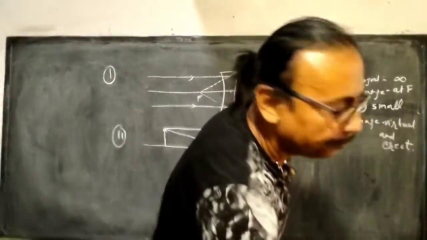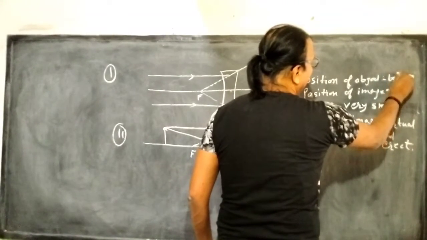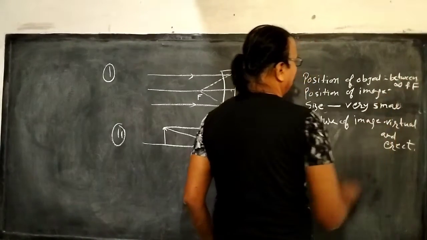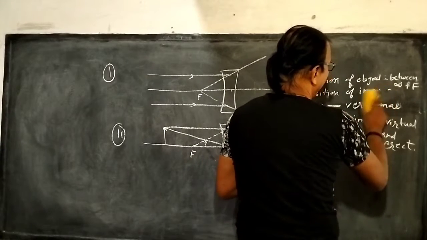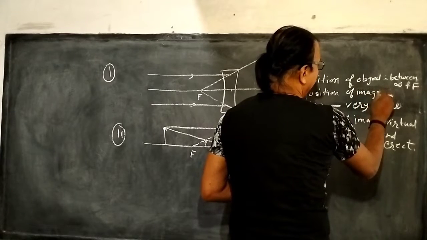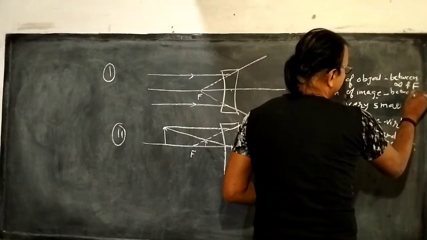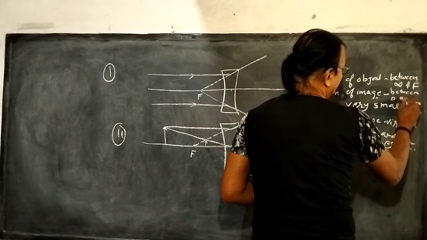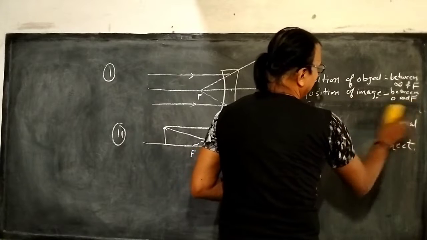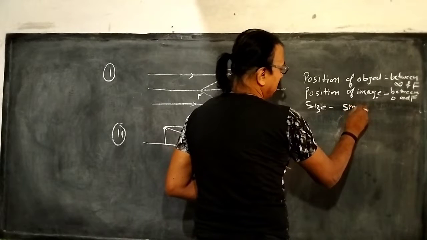Position of object: between infinity and F. Position of image: between O and F. Size: smaller.